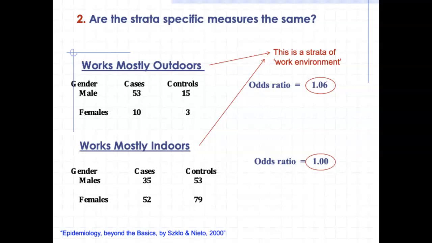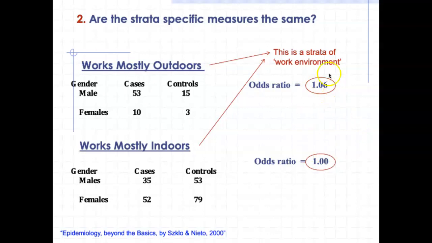There is a way to calculate an adjusted measure of association from the stratum-specific measures, but the statistical calculations are above what we're going to cover in this class. For this class, you would just take an average of these two numbers, assuming that they are very similar. If they are very different from one another, you're not going to be taking an average. That is another phenomenon that we see.